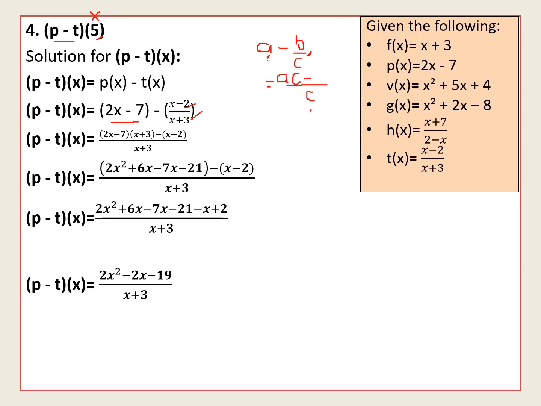Tapos, minus would be the second term. Paano natin makuha si second term? Si LCD divided by kay denominator C, ang makuha natin is 1. Tama? Kasi C divided by C is 1 times B. 1B or B.